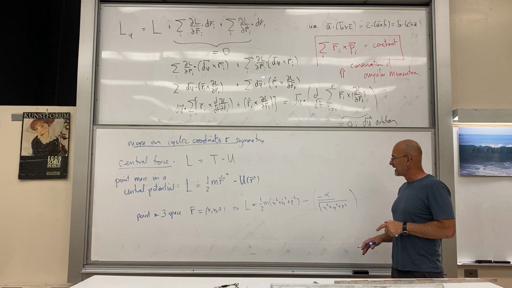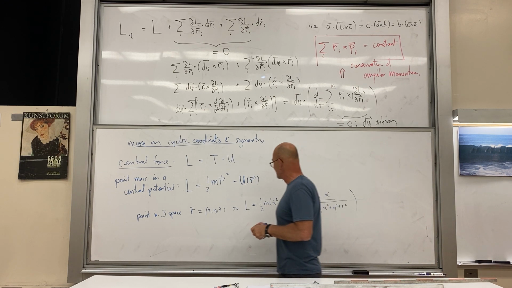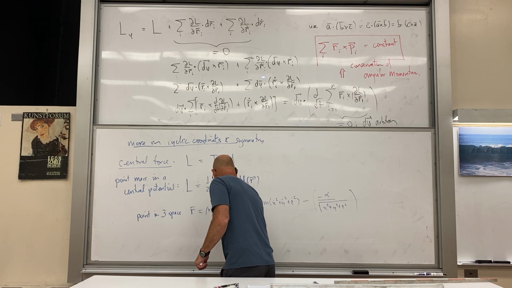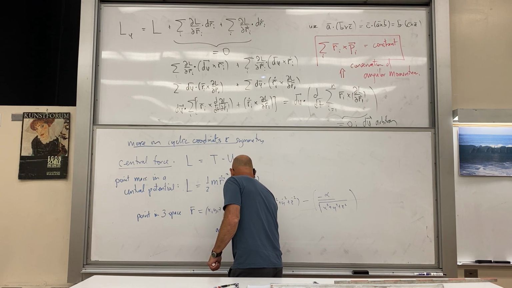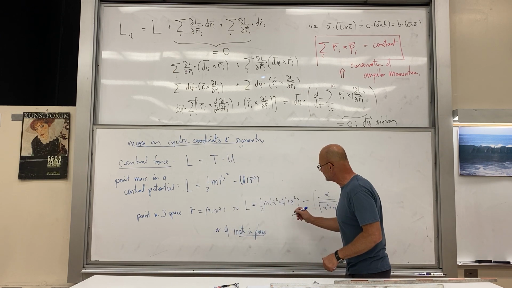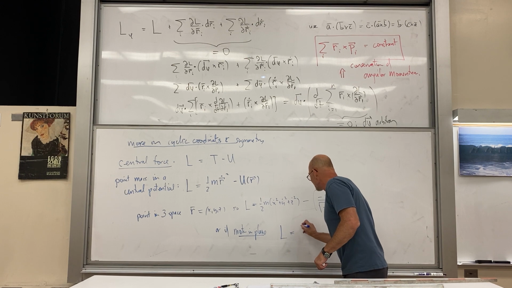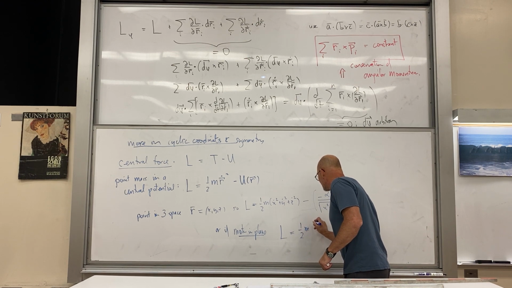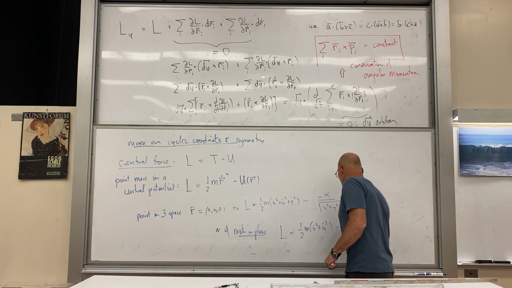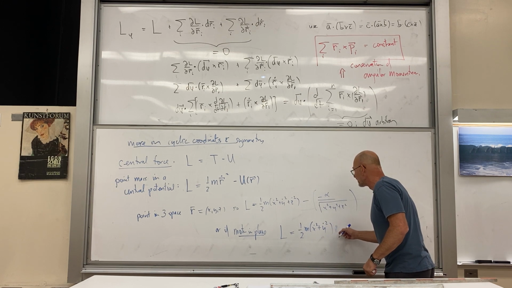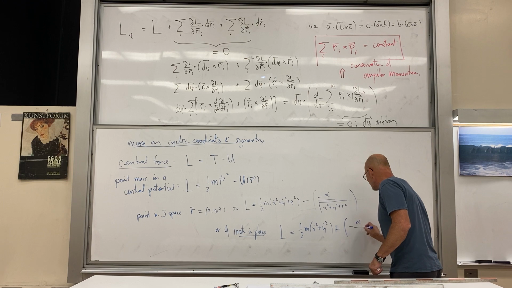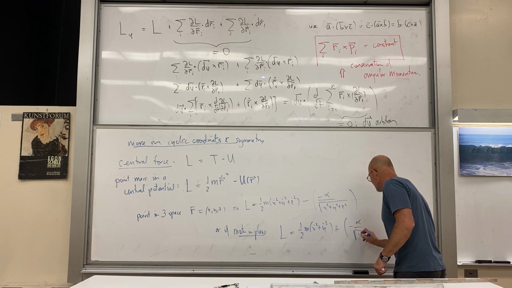And so suppose you have the motion in a plane, but you still insist on using Cartesian coordinates, then you're down to this: x dot squared plus y dot squared, minus negative alpha over root x squared plus y squared.